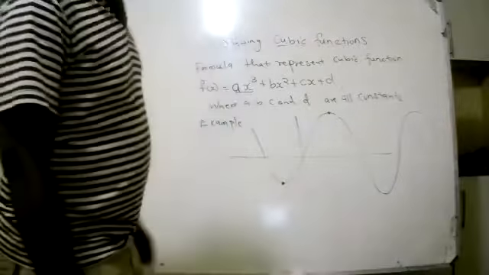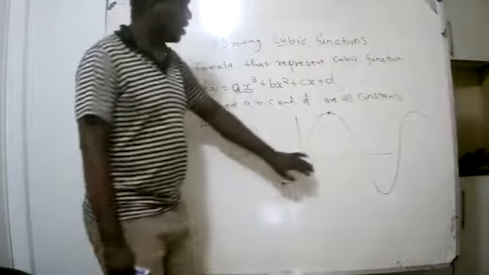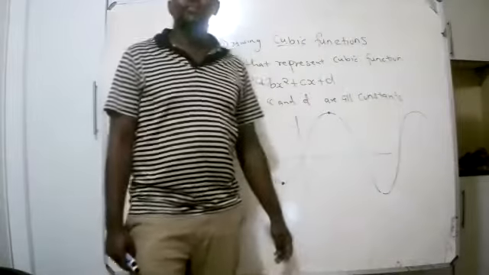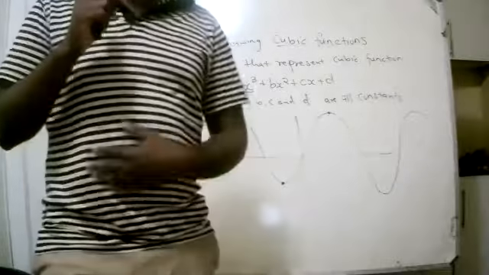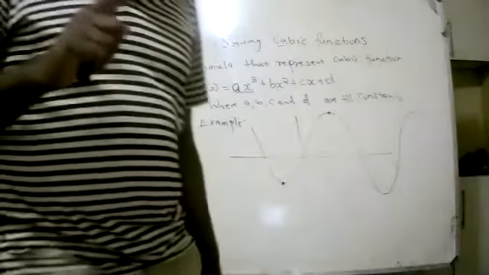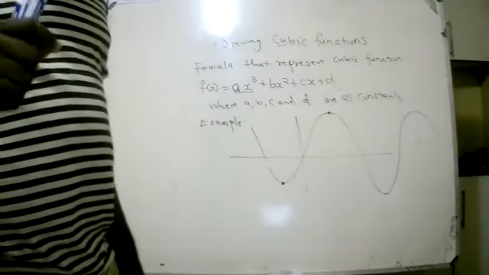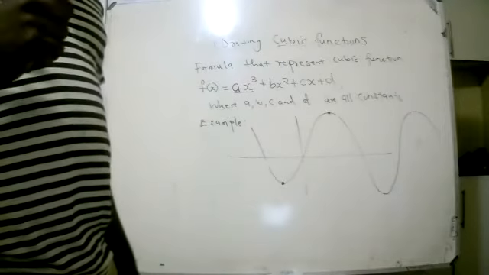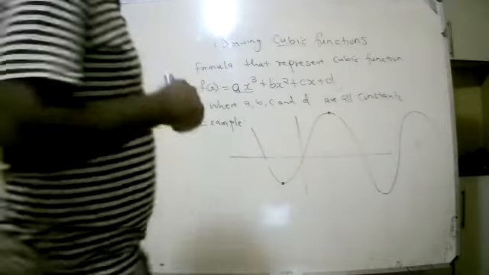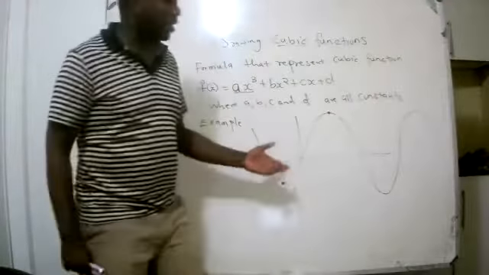Yes. If you see any function which has more than 2 turning points, that is not a cubic function. Get me right on this one. If you see a function having more than 2 turning points, that is no longer a cubic function. It's something else, which I will talk about later.